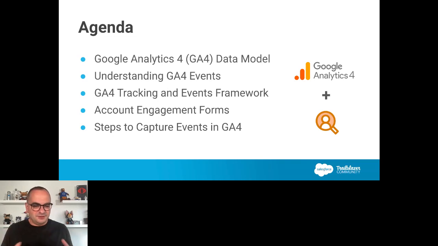We'll touch the surface a little bit. It's going to help us further down the slides to understand how we are pushing data from Account Engagement to Google Analytics. We will talk about the GA tracking and events framework, and the tools we will use to push data from your website and your Account Engagement form to Google Analytics.